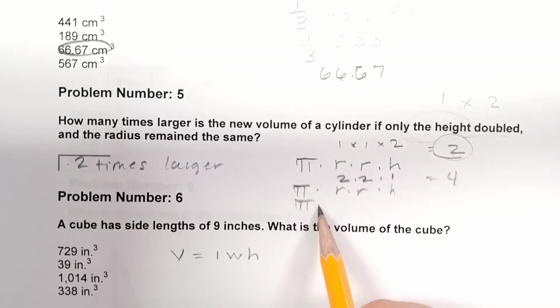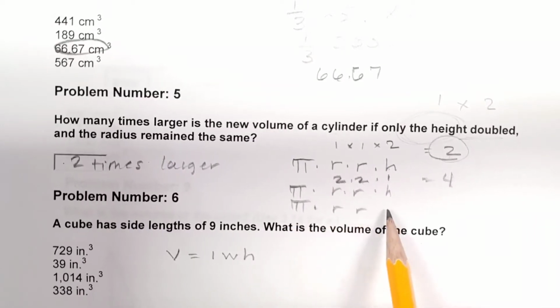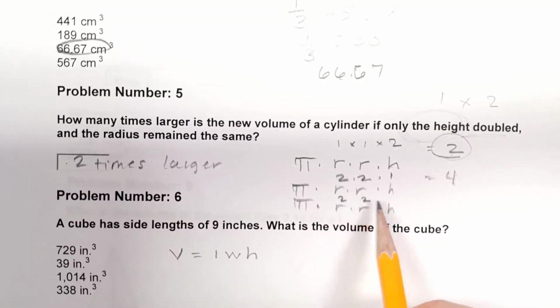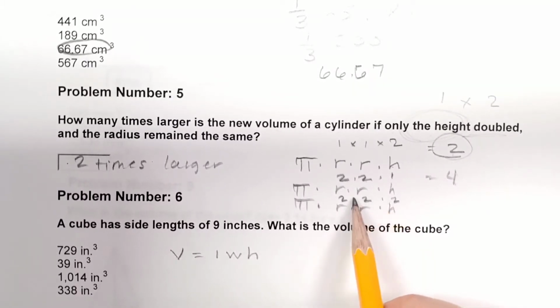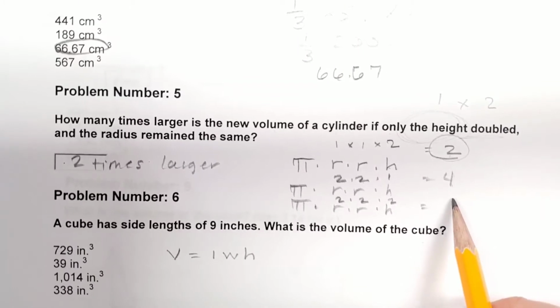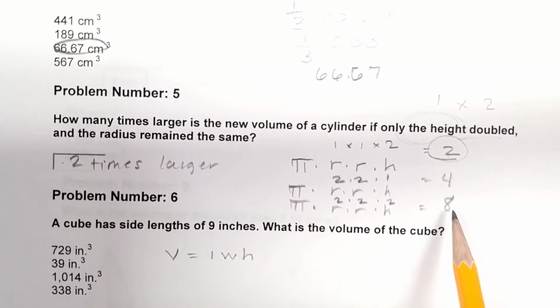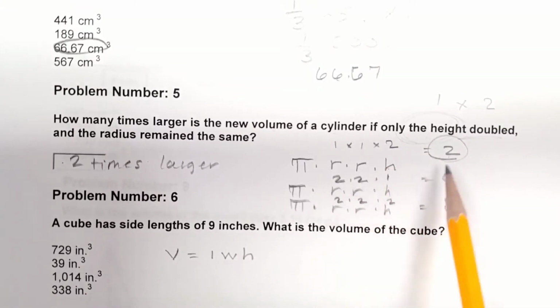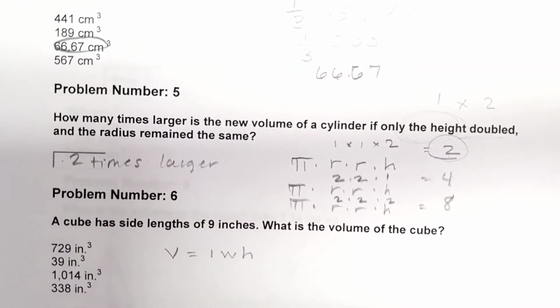Okay, what if all the dimensions doubled? Then it would be 2 times 2 times 2, which would be 8 times larger. The new volume would be 8 times larger. So it depends on how many dimensions double, triple, quadruple, how much larger the new volume will be. Okay?